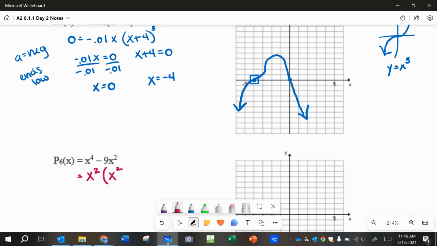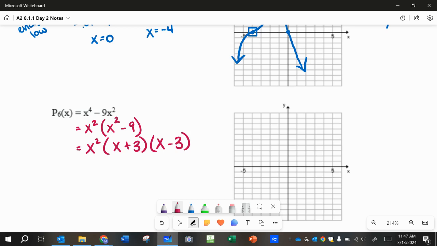I'm left with x squared minus 9. And if you remember, what is x squared minus 9? You can factor that as well. If you remember, that's the shortcut. x plus 3, x minus 3.